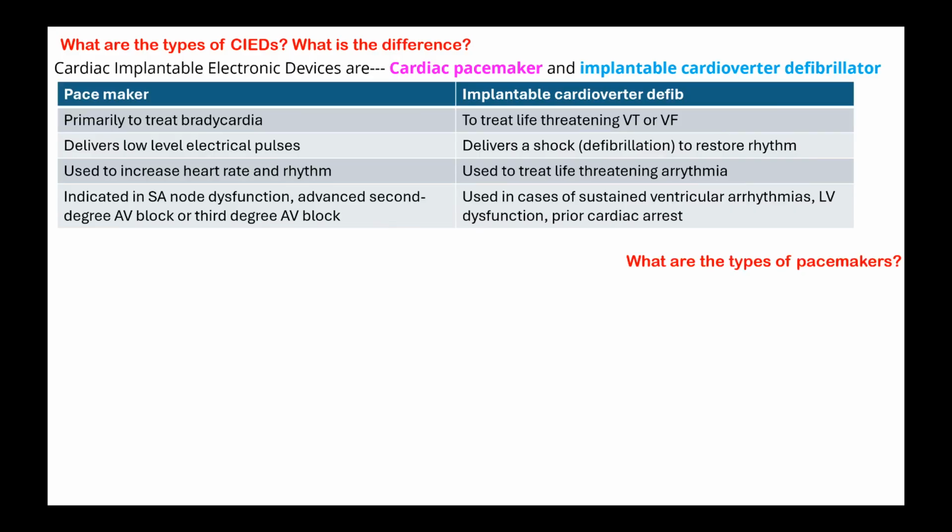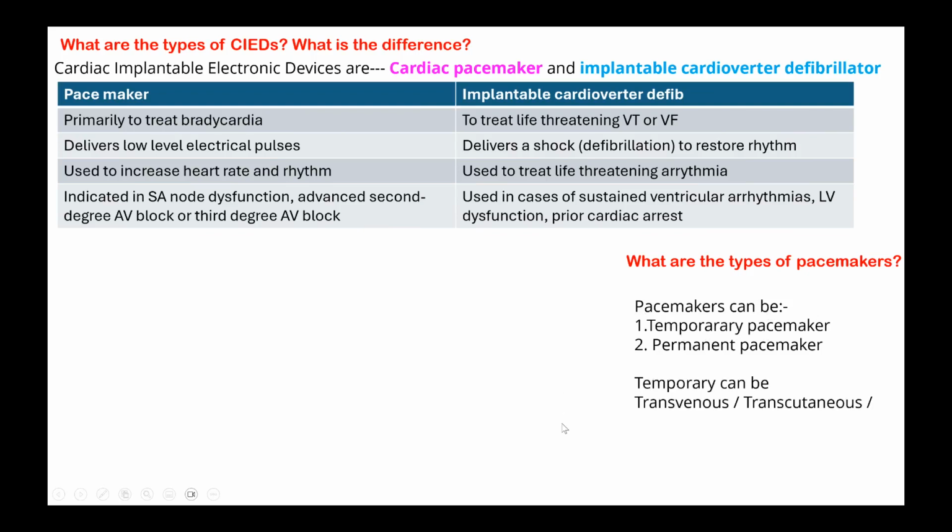Pacemakers can be temporary or permanent. Any idea what are the types of temporary pacemakers? One is transvenous, another is transcutaneous, then any other? It can be transvenous, transcutaneous, or epicardial.